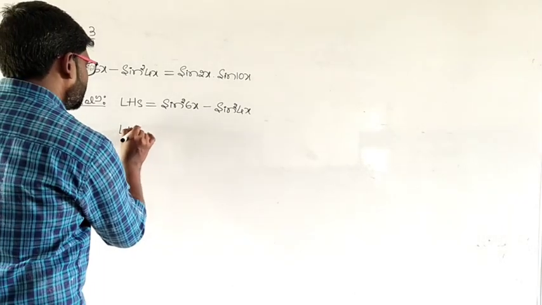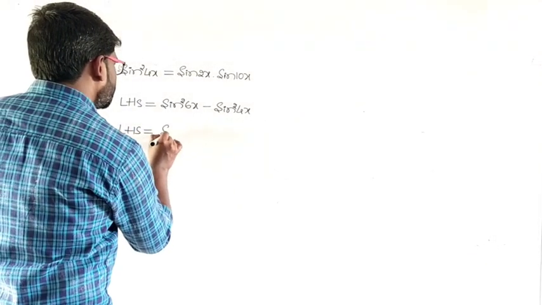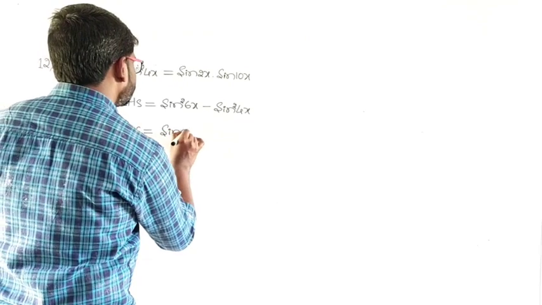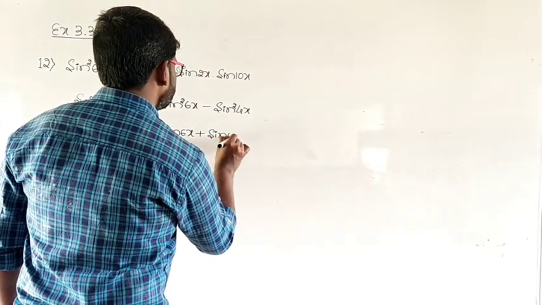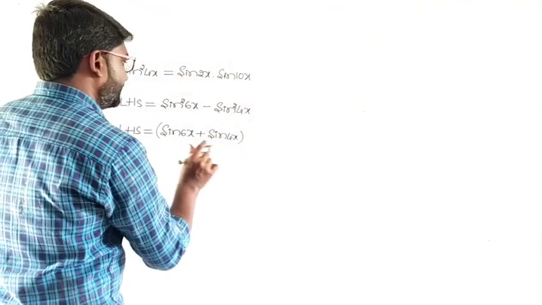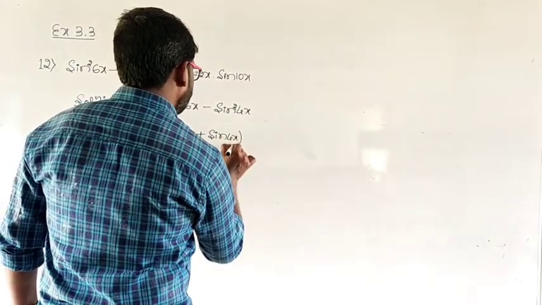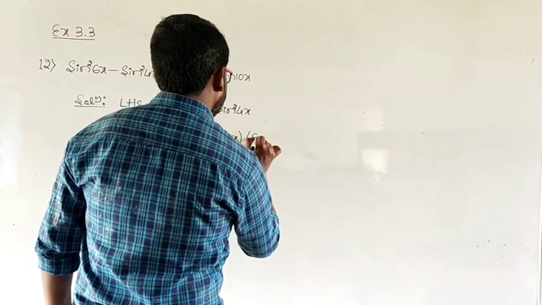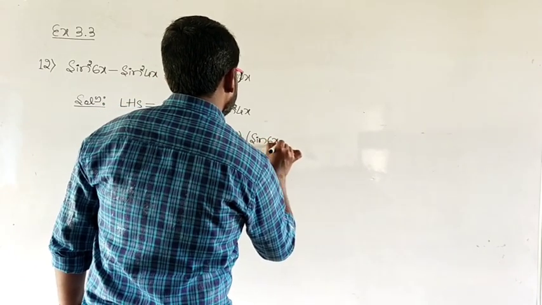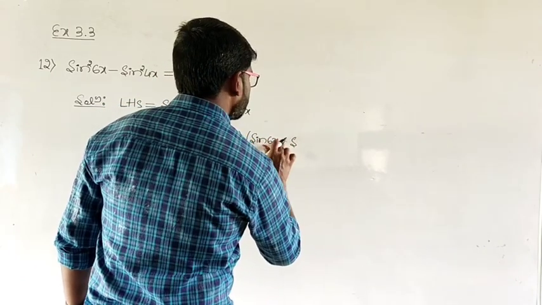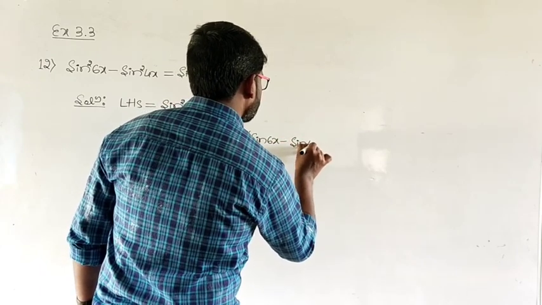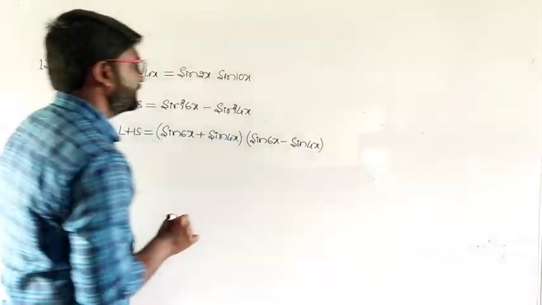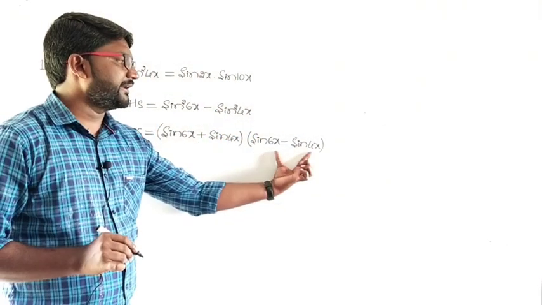So LHS equals sin 6x plus sin 4x, into sin 6x minus sin 4x, a plus b into a minus b.